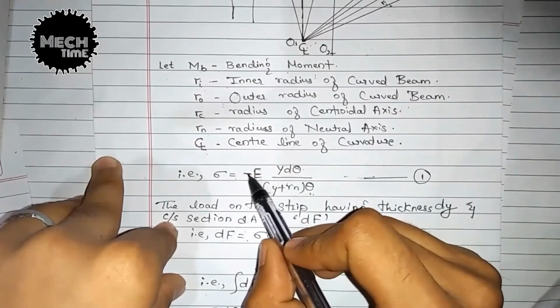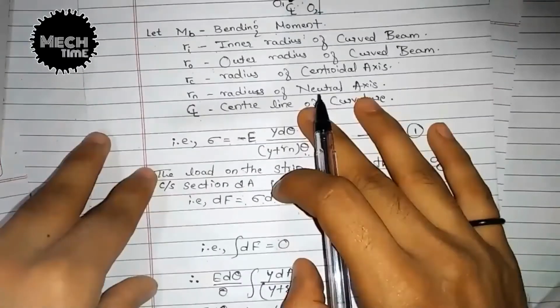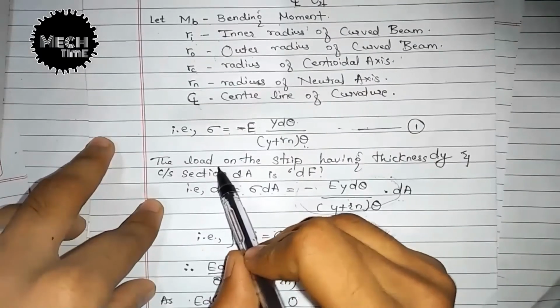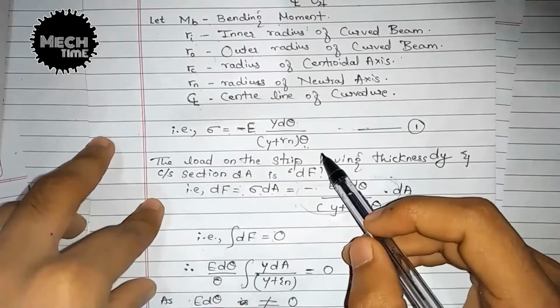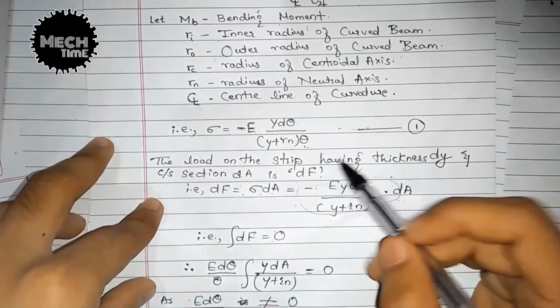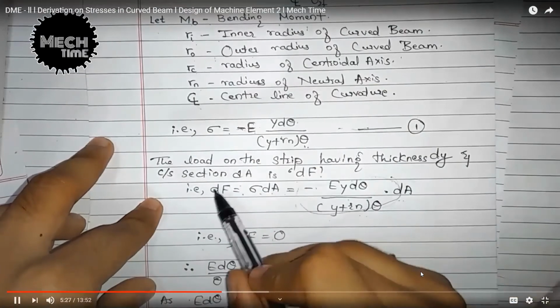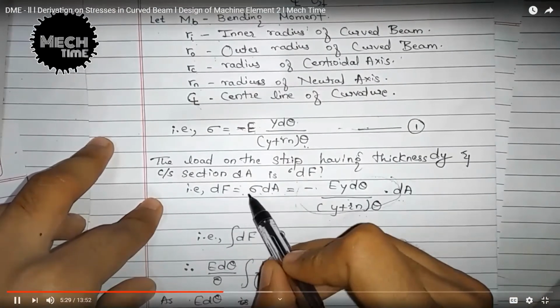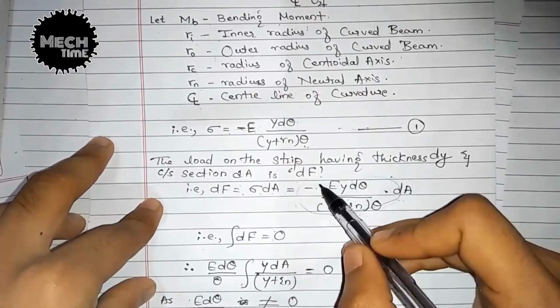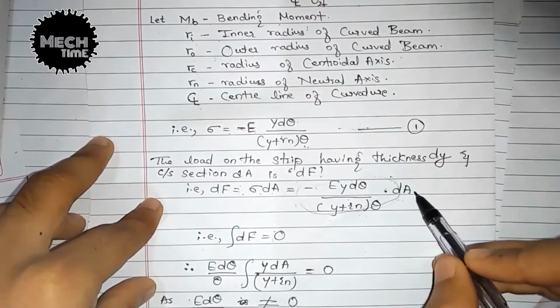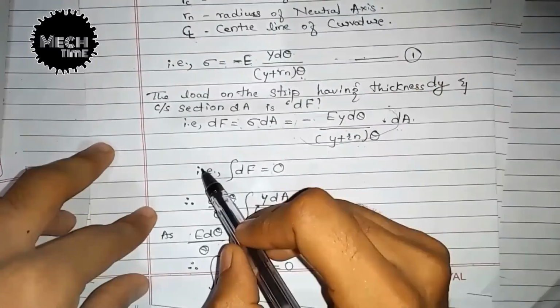The load on the strip having thickness dy and cross-section area dA is dF. So dF equals sigma dA equals minus the same expression into dA.